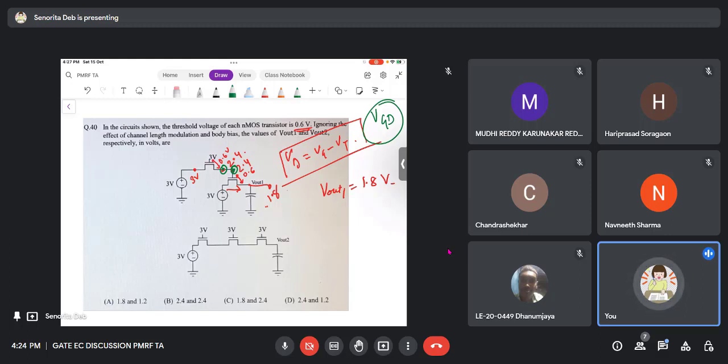This is 0.6 drop, this also is 0.6 drop, this also is 0.6 drop. So this will come to 2.4. Biasing is fine. This will again come to 2.4. Biasing is fine, and this will again come to 2.4 volts, and therefore your option is C, 1.8 and 2.4.